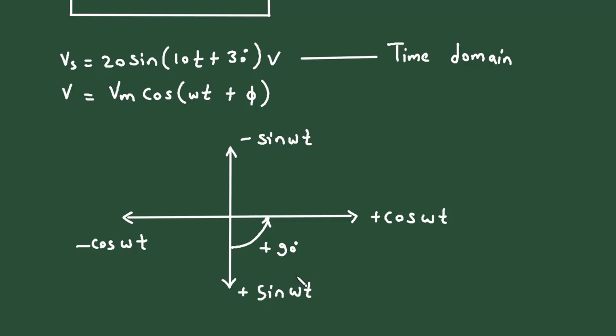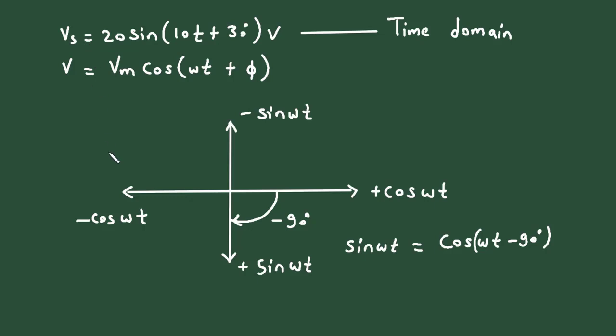But we actually want to move from here to here, so here we have to subtract 90 degree. That means sin omega t is equal to cos(omega t minus 90 degree). So if we substitute cos(omega t minus 90 degree) in place of sine, it will become cosine.